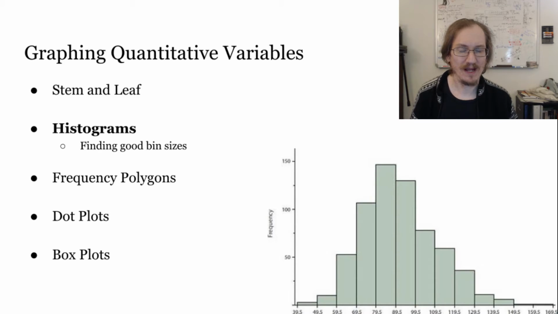And it's going to form a histogram, which is an approximation of actually the probability distribution, the statistical distribution of the data items, right? And one of the challenges is finding good bin sizes.